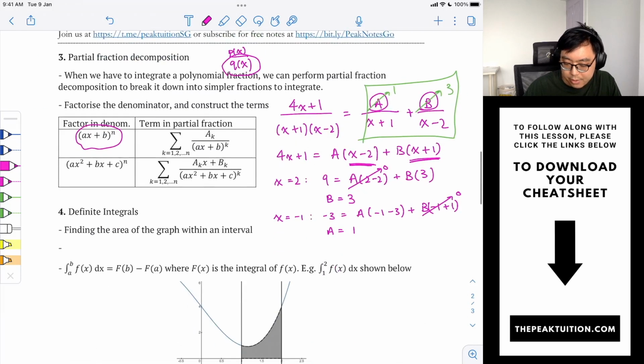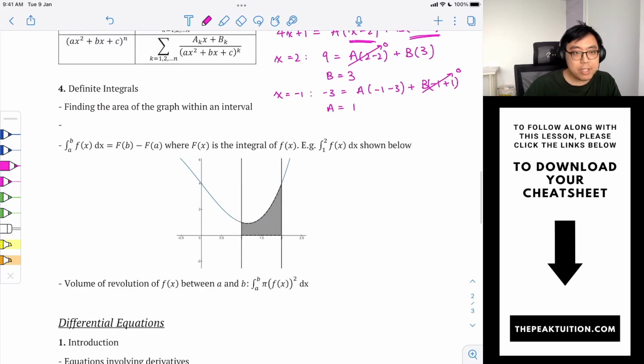Okay, so moving on, we have definite integrals. Definite integrals is actually more visual because previously it's all equations and stuff, but with definite integrals we actually get to see graphs. In this case, definite integrals is like trying to find the area of a graph within an interval. It is represented in this form over here, okay?